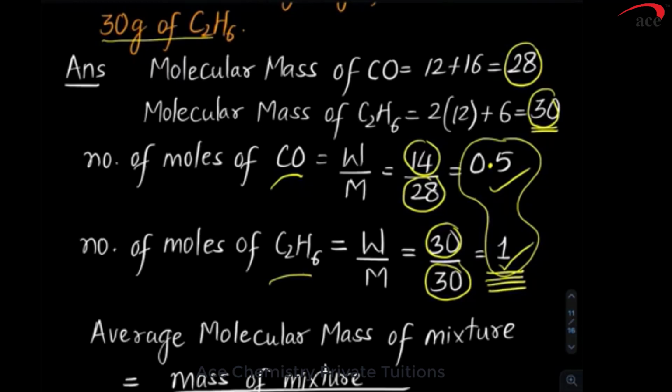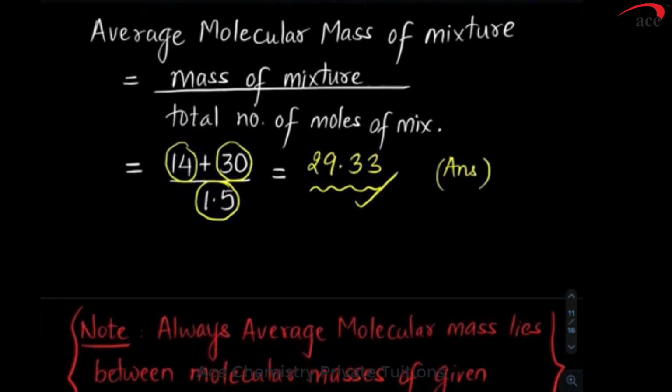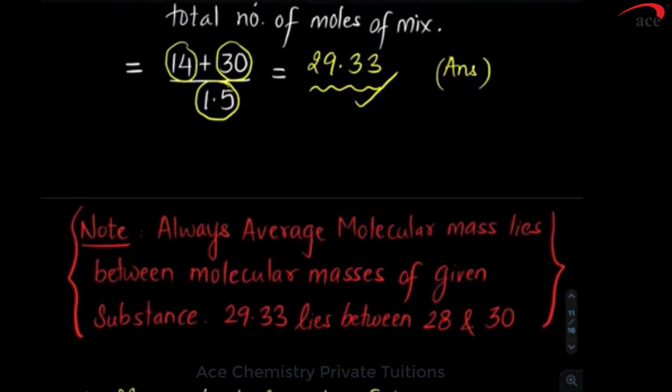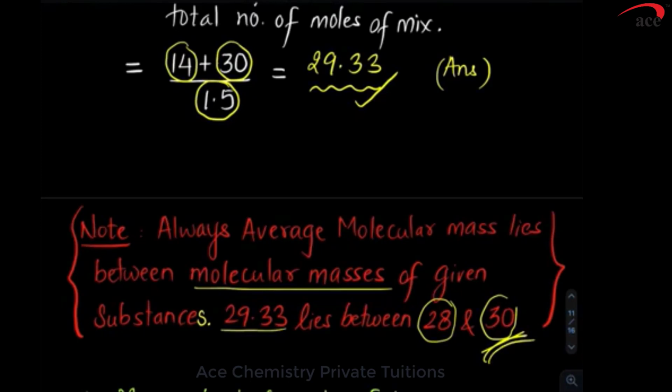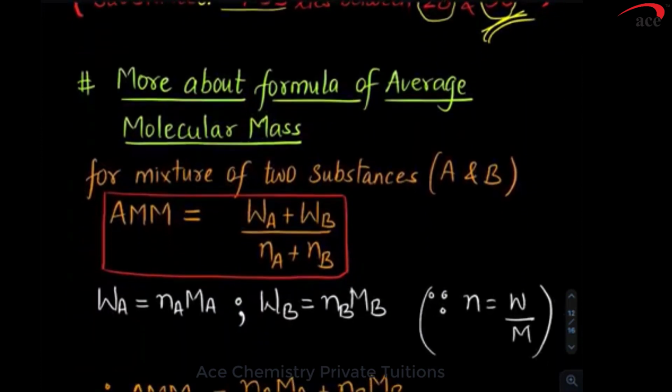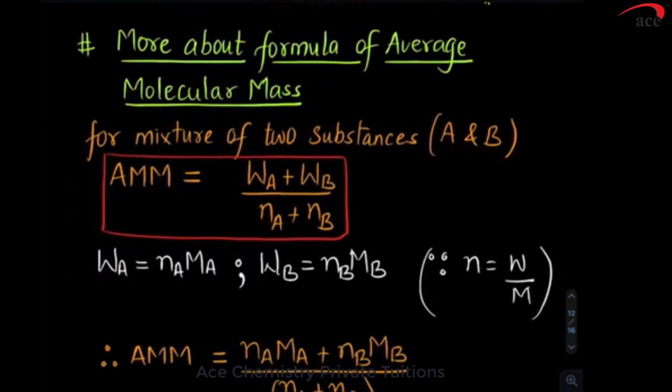So the average molecular mass is closer to that substance whose contribution in moles is more. We have realized the average molecular mass lies between the molecular masses of the given substances. The given substances have molecular masses of 28 and 30, and it is 29.33, closer to 30 because its moles are more in number.